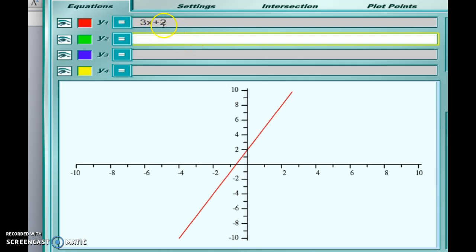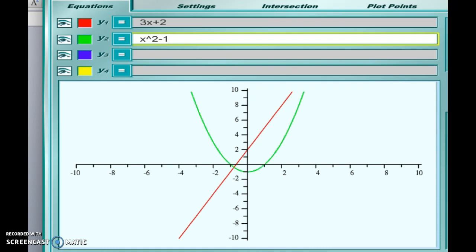So I put in the first function, which was f of x equals 3x plus 2, and graphed it. And so you see the red line. Then if I go ahead and put g of x in, which was x squared minus 1, and then we graph it, we get this.